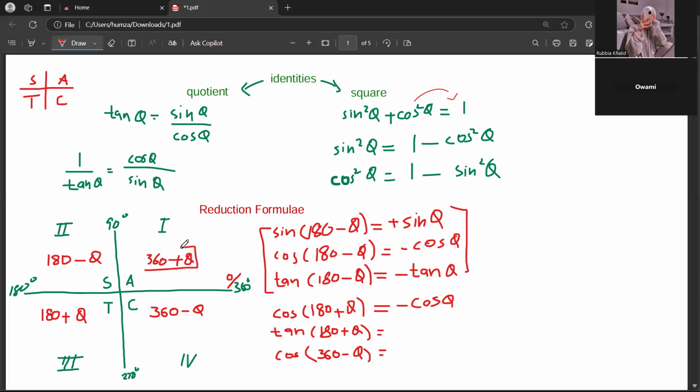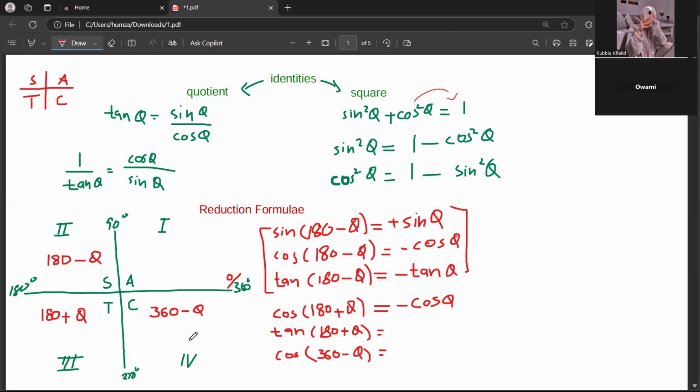But we don't need this angle to use in the reduction formula, so we are just going to ignore this part. But if we go in the clockwise direction, there is 360 degrees and there is 270, which means that if we go clockwise, the values will start to decrease. That's why we say that 360 minus theta will reside in quadrant 4.